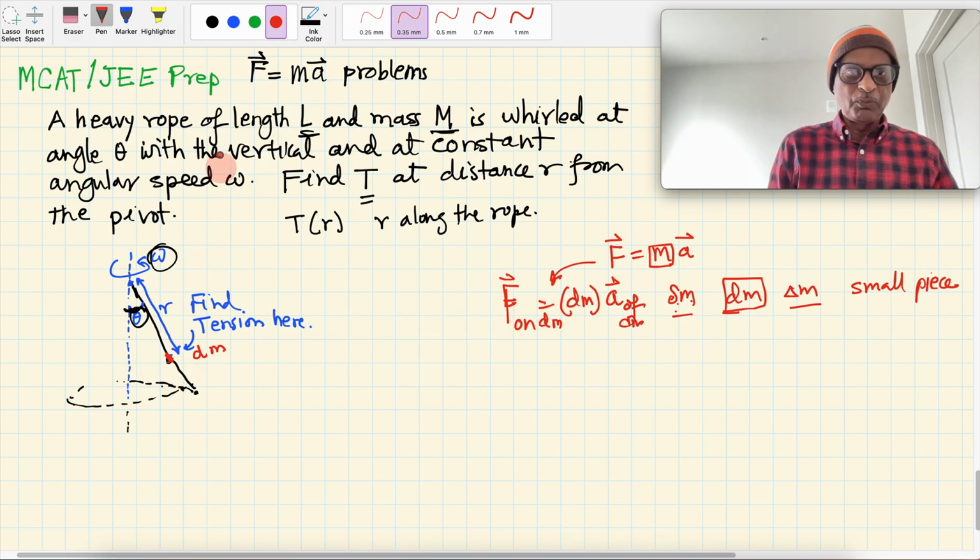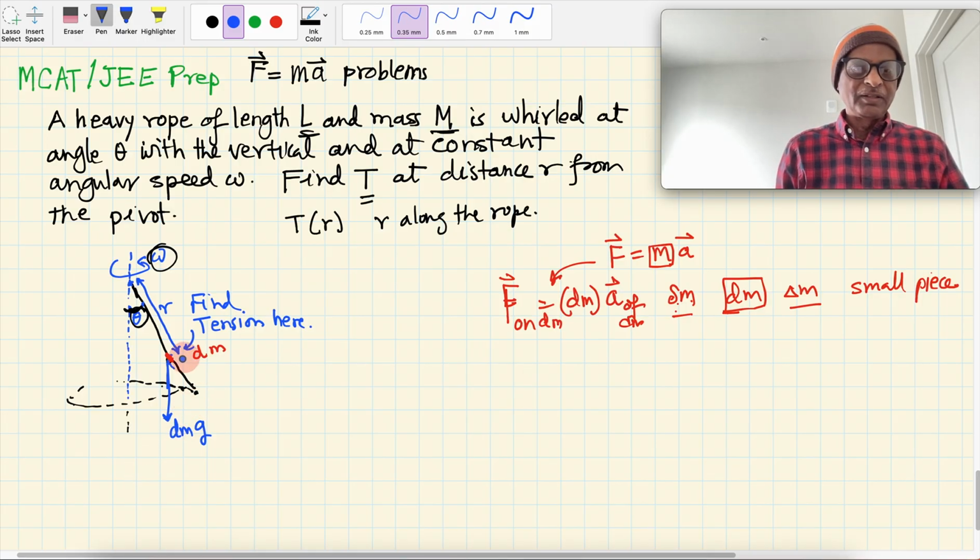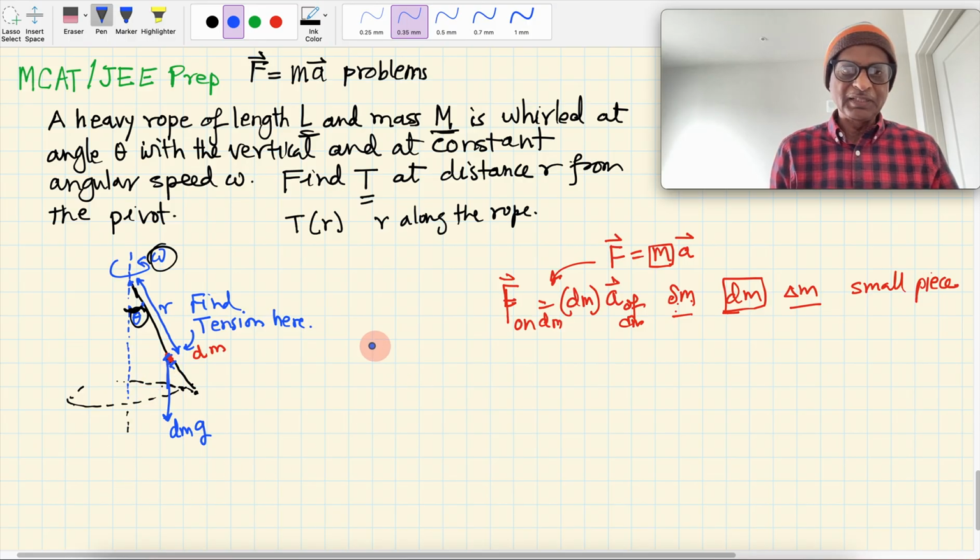So of course you look at it, well, there will be a gravity pulling it down. That's going to be dm times g. And it has two parts. Even though it's infinitesimal, this is the piece I'm looking at.